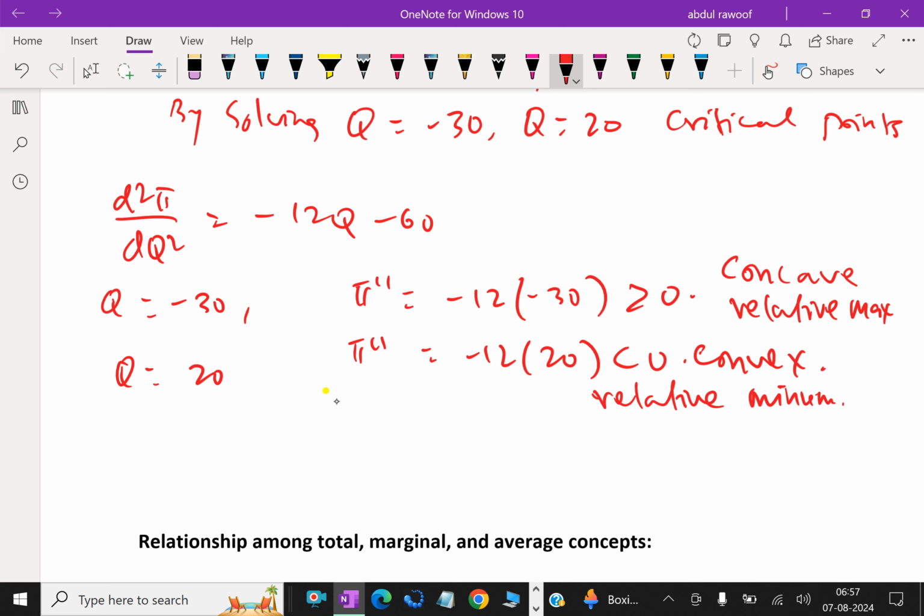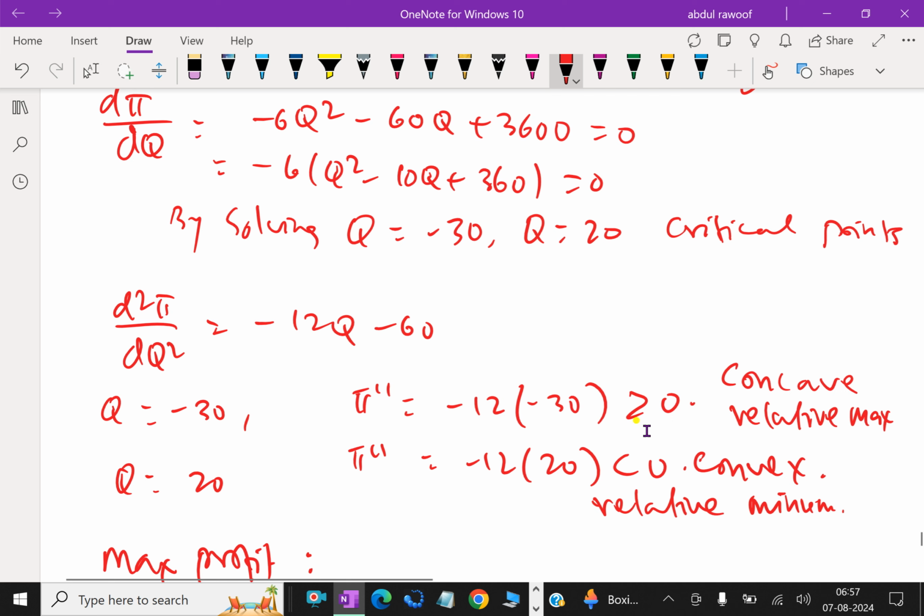We have to take the maximum profit, so we do not use the point minus 30. Profit is maximized at q equal to 20. Why? Because at q equal to 20 the second derivative is negative. Therefore, maximum profit is at q equal to 20.